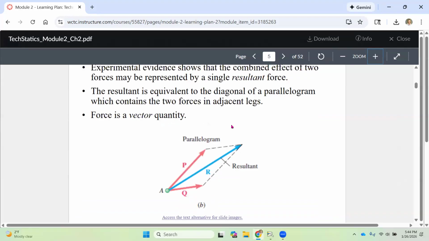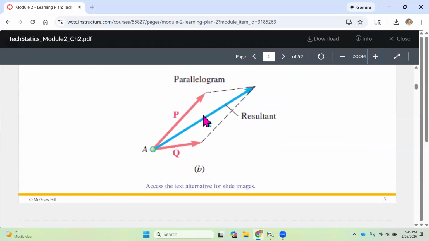Now, when I have two forces acting independently on a point, an object, a body, okay, and I want to know what is the one force that I could replace those, in this case, two forces with and have the same effect, that is called a resultant. Okay, so down here, I'm going to zoom in just a little bit.